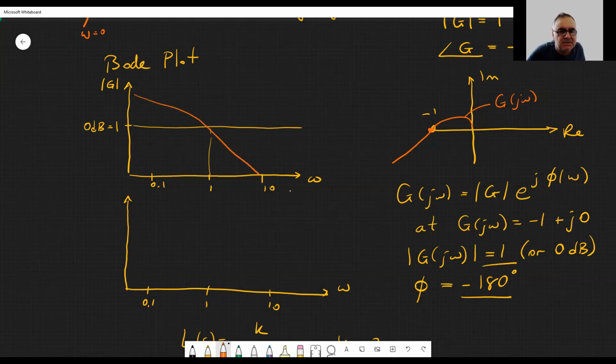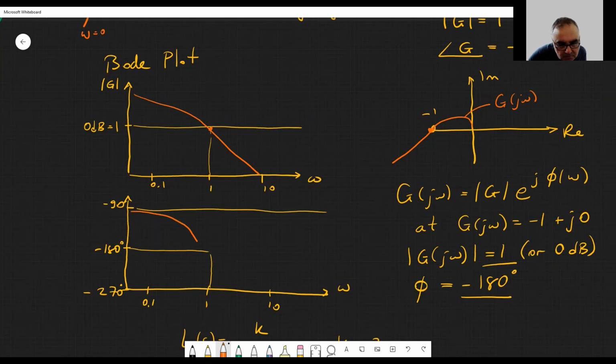The exact shape doesn't matter here. Whereas the phase angle starts from, let's say, -90 degrees, this is -180 degrees, and this is -270 degrees, something like this.